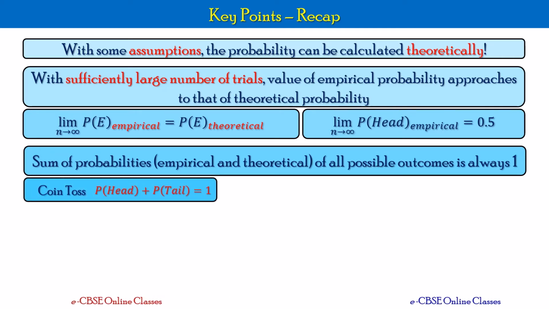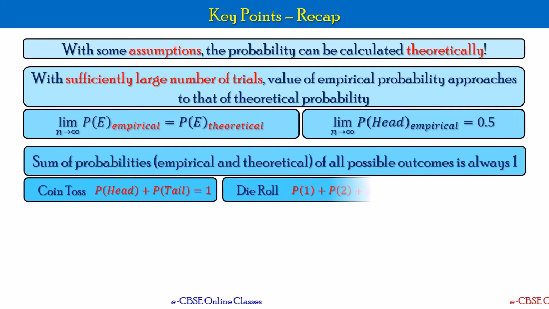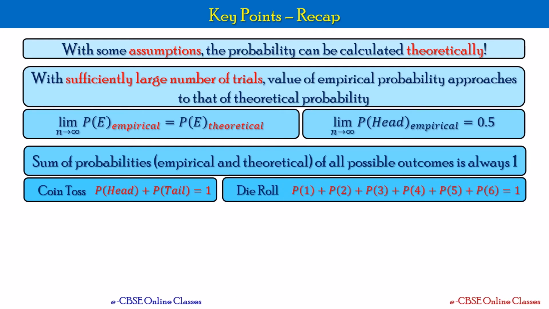For example, in the coin tossing case, since the outcomes possible are only head and tail, P of head plus P of tail is equal to 1. Similarly, in the die rolling case, the outcomes possible are 1, 2, 3, 4, 5 and 6. So probability of 1 plus P of 2 plus P of 3 plus P of 4 plus P of 5 plus P of 6 is equal to 1.